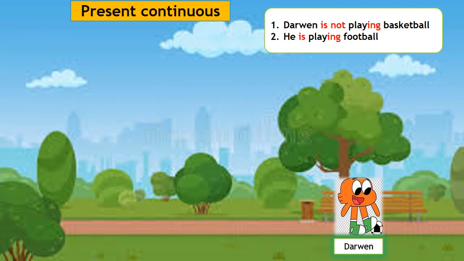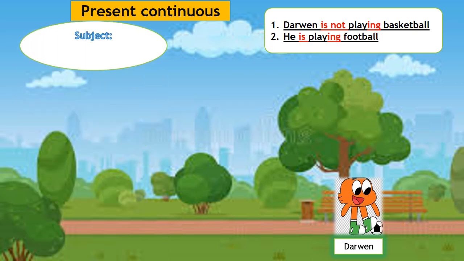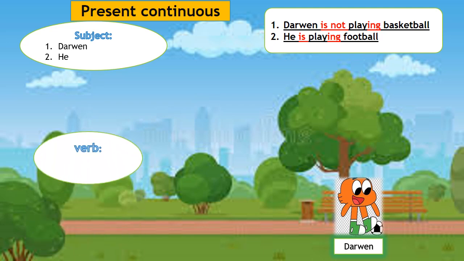Okay, let's see another example. Number 1, Darwin is not playing basketball. Number 2, he is playing football. So where are the subjects? Number 1 is Darwin. Number 2 is he. Where are the verbs? Number 1, playing.